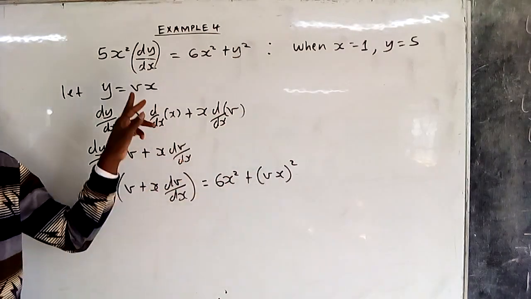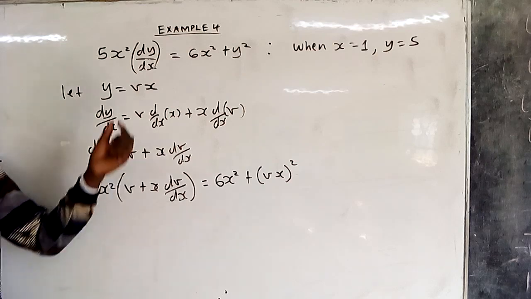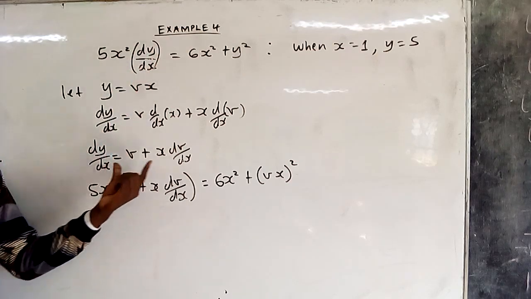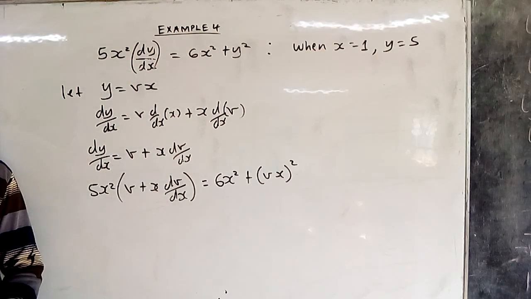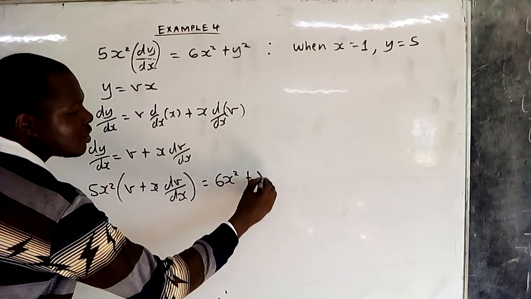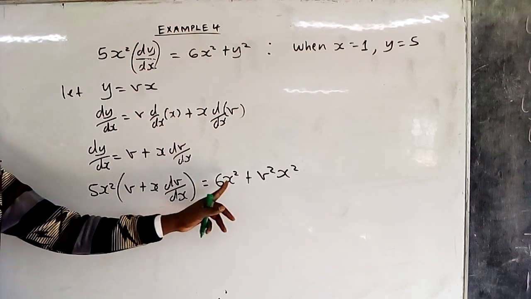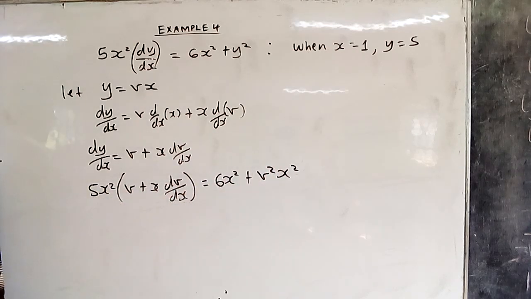Where there is y, we put the value of y, which is vx. Where there is dy over dx, we put the value of dy over dx, which is that, isn't it? Now here you can see, if you open this bracket vx squared, you are going to get v squared x squared.